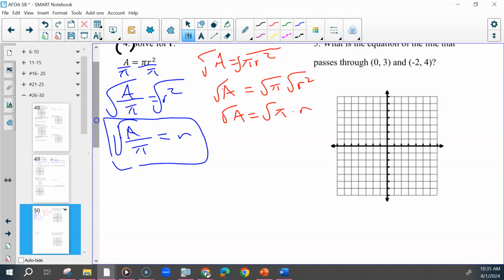And then we still have to divide by the square root of pi. And then this, you actually have to rationalize the denominator, which is not something I'm going to show right now. Okay. Other questions on that?